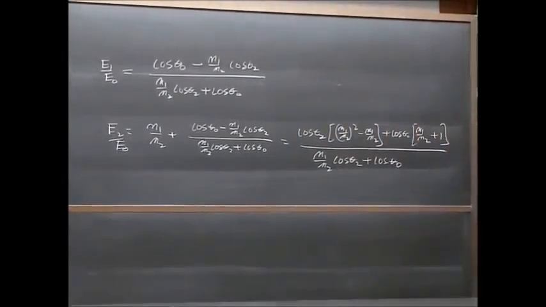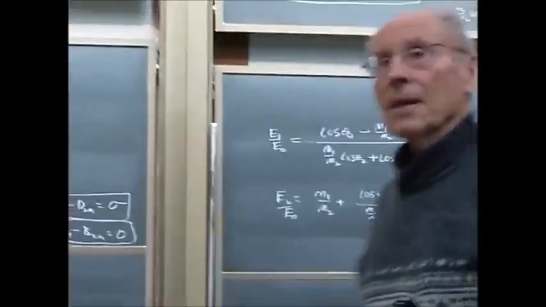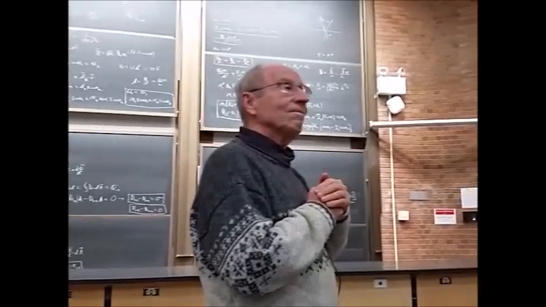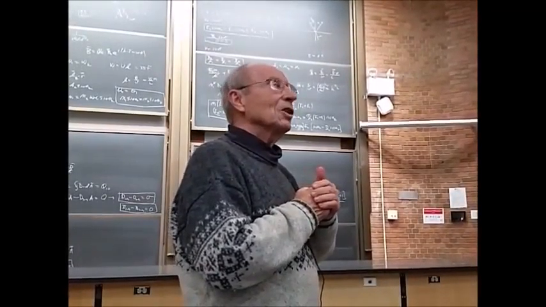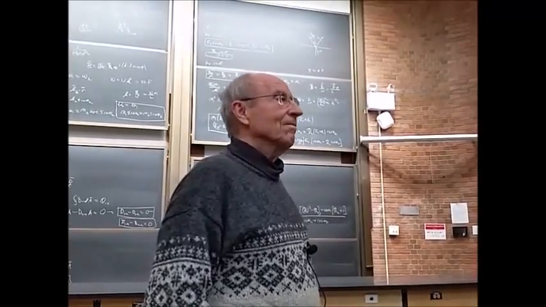So now we have found the electric field in the reflected wave and in the transmitted wave. Now, can you think of any way to check and see that we haven't screwed up the algebra? Do you know a limit for these?